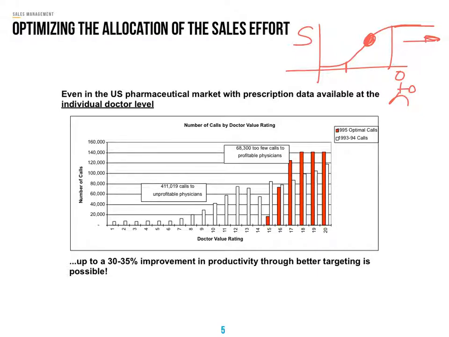And here you see this is from the Singh and Zoltners book, a specific example of a US pharmaceutical market where they segmented doctors. You see here different groups, from the group with the highest number of prescriptions to the group with the lowest number of prescriptions, and they used to have this number of calls, total visits to all of these segments.